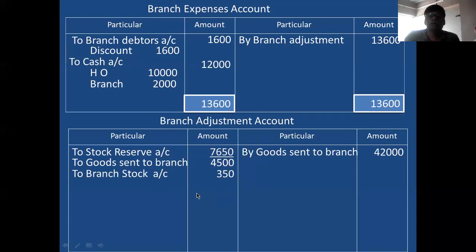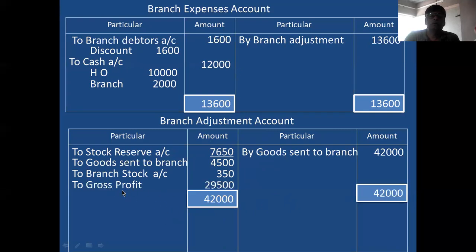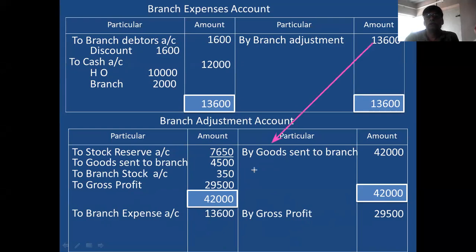Then you close the account. 42,000 is the total. To gross profit 29,500. You take gross profit 29,500. Then to branch expense account 13,600. This total comes here, branch adjustment account 13,600.